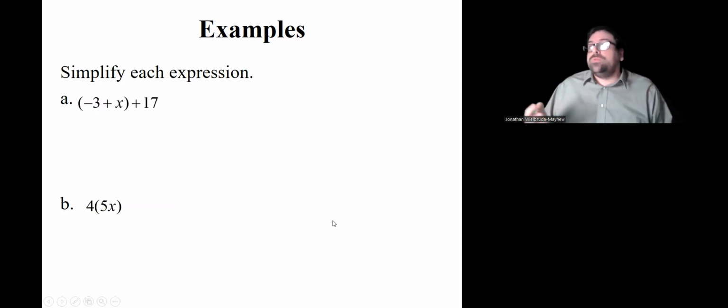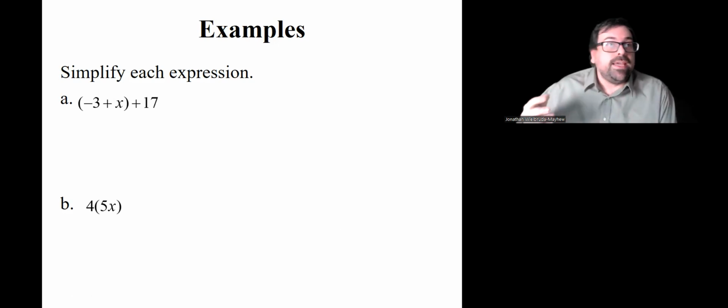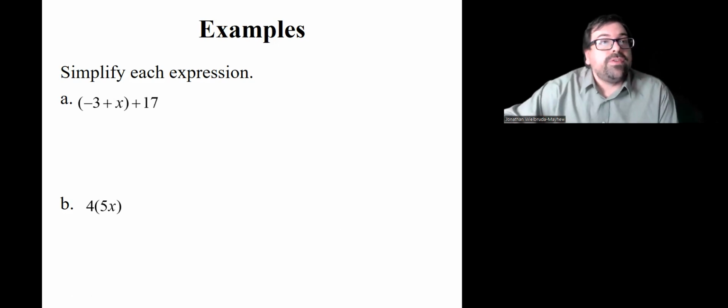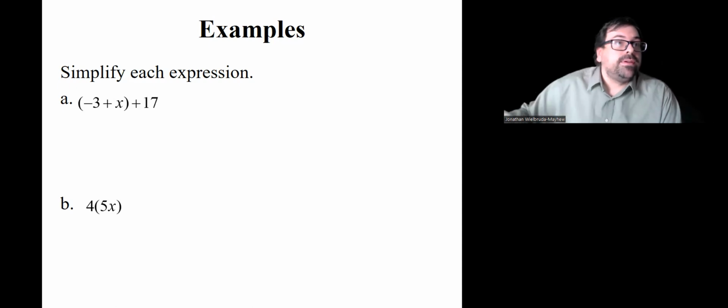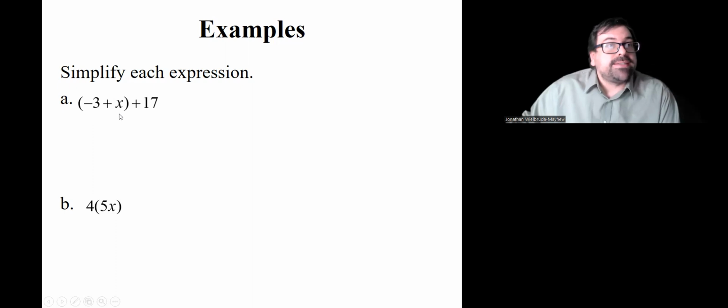So let's use the commutative and associative properties to simplify these expressions. Here we have negative 3 plus x in a grouping first, plus the 17.